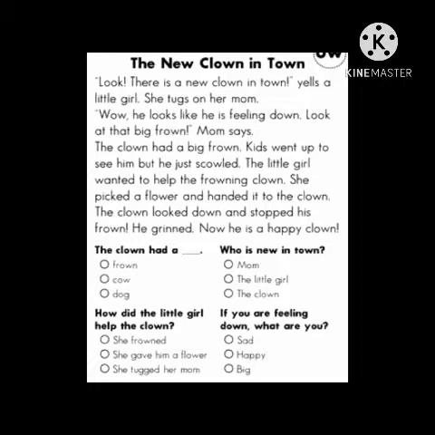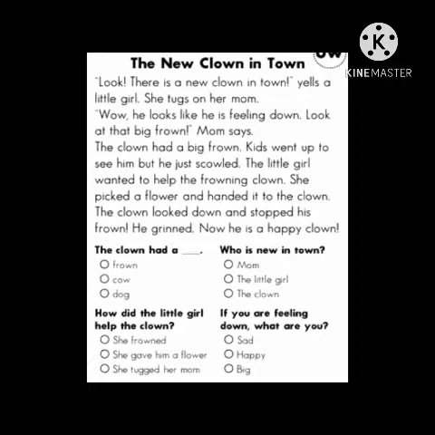Kids went up to see him, but he just scowled. The little girl wanted to help the frowning clown. She picked a flower and handed it to the clown. The clown looked down and stopped his frown. He grinned. Now he is a happy clown.